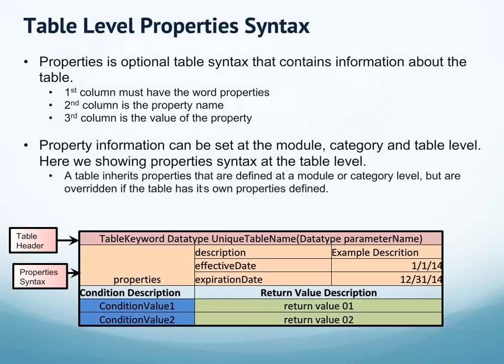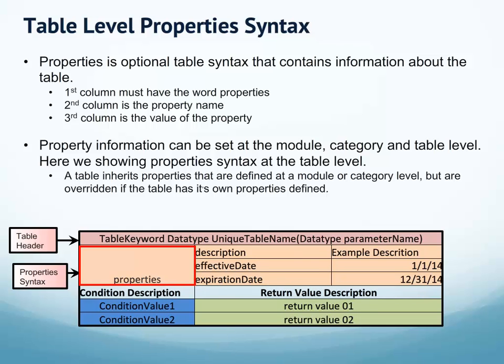Now that we've discussed the table header, the next section, which is optional, is to define properties. Properties can be defined containing information about the table. Table properties are displayed in the section which goes immediately after the table header and before the other table contents. The properties section is optional and can be omitted in the table.